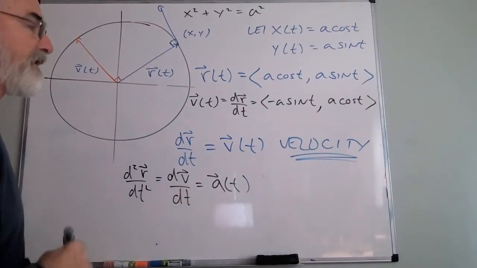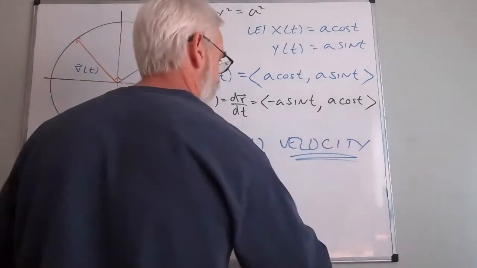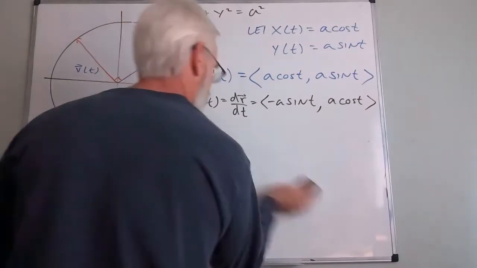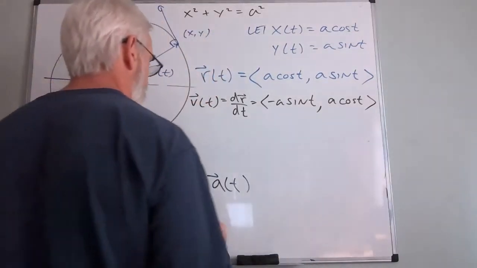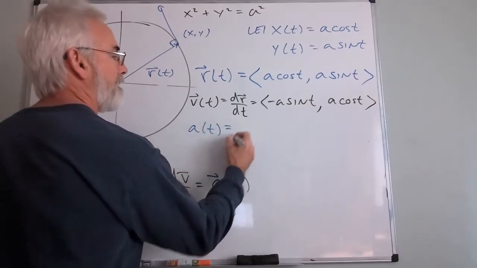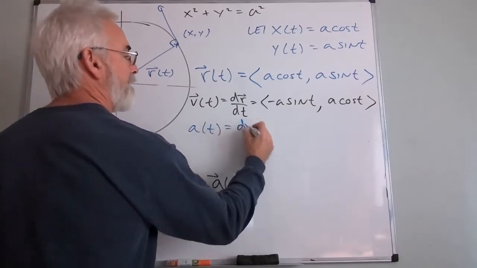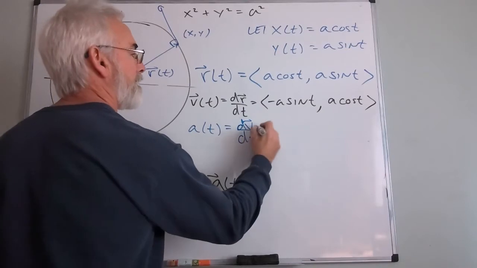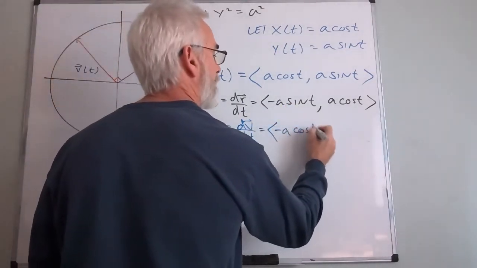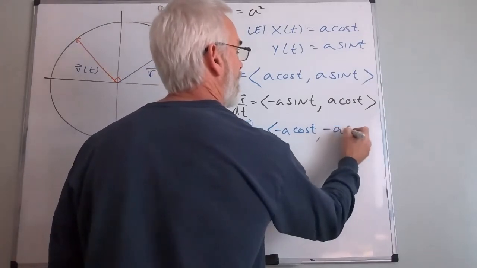Now, using this particular example right here, what would our acceleration vector be? Which in this case, I write it's dv/dt, negative a cos t, negative a sine t. Now, do you notice something?